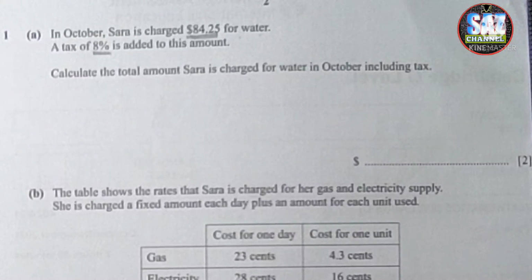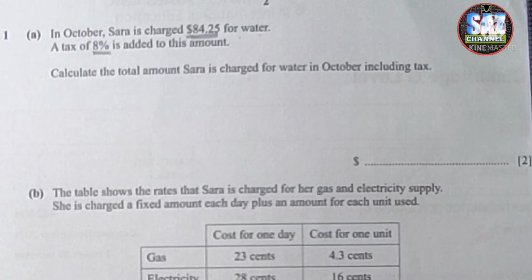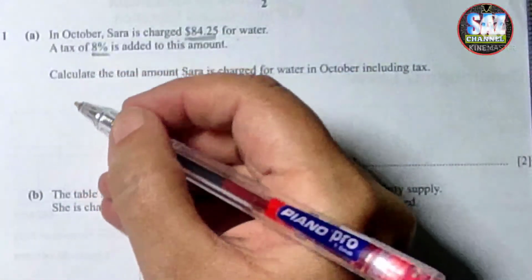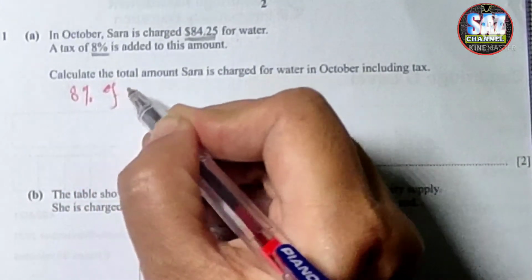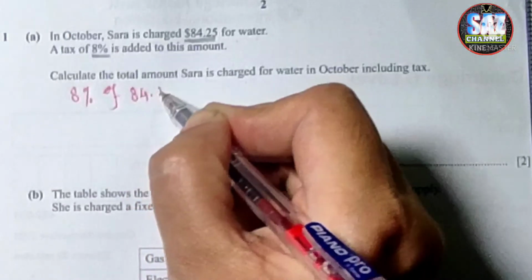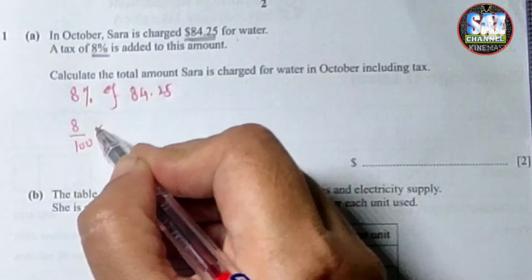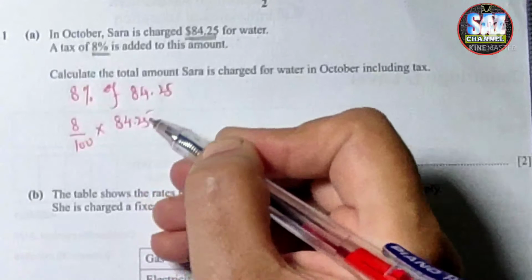Okay, so really easy question. We have to find the total amount that she has to pay for the water, including tax. So first of all, we have to find 8% of 84.25. 8% of 84.25 will be equal to 8 over 100 multiplied by 84.25.